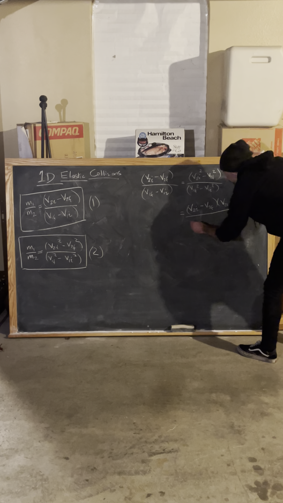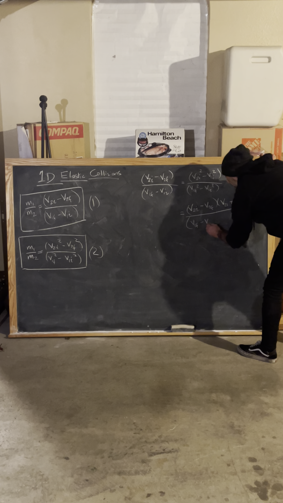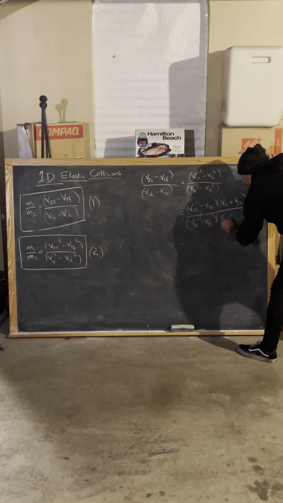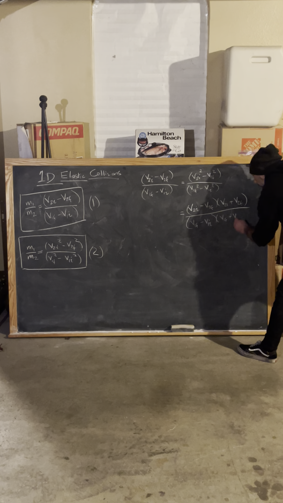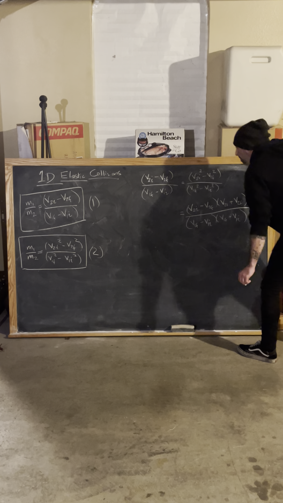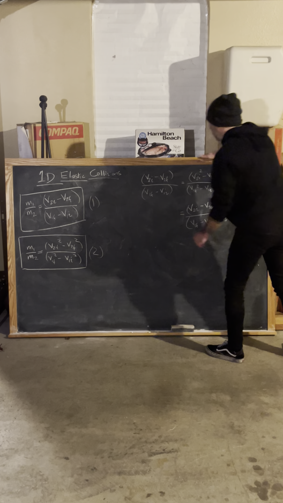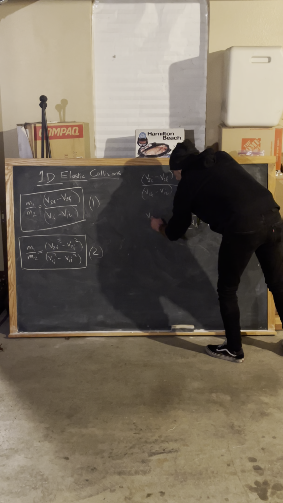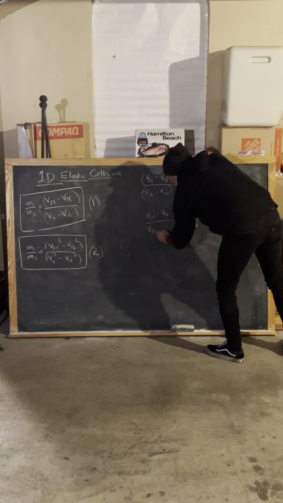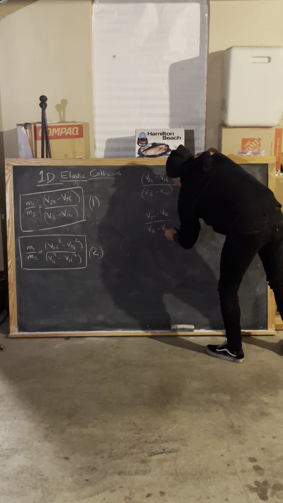And doing the same thing for the bottom, we have v1f minus v1I times v1f plus v1I. And this is equal to v2I minus v2f divided by v1f minus v1I.